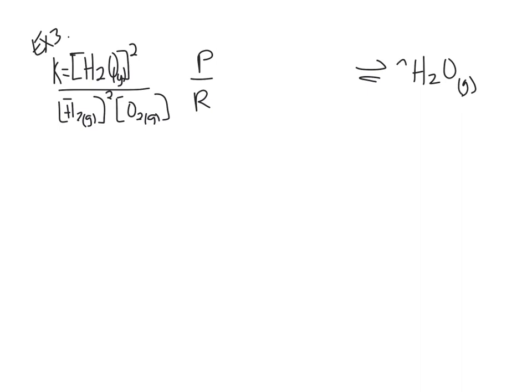Our exponent becomes our coefficient. And then on the bottom we have our reactants, so hydrogen, and it was second order, so the coefficient is 2, and then it's first order with respect to oxygen. So you can go from a K expression to a chemical reaction.